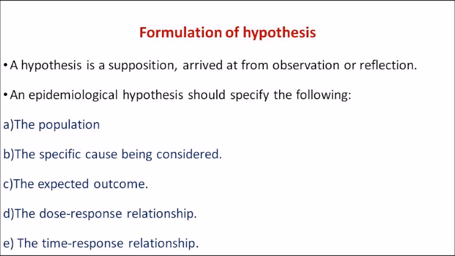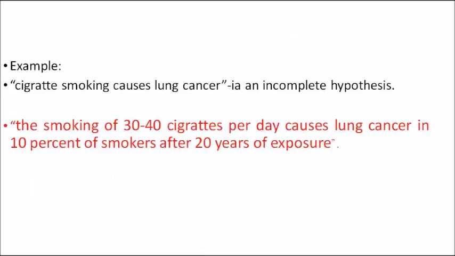It should have a specific cause. And it should contain the expected outcome, the dose response relationship and the time response relationship. All these parts should be there while writing a hypothesis. After doing all these studies, we have to give our hypothesis, right? So when we are writing, we should mention the population, the cause, the outcome, the dose response relationship, and the time response relationship.